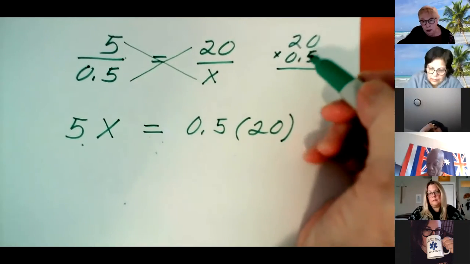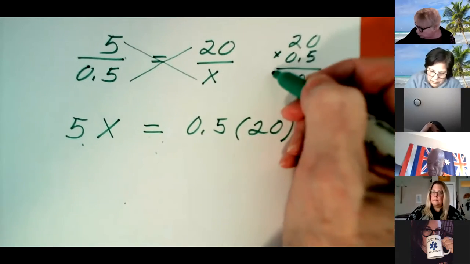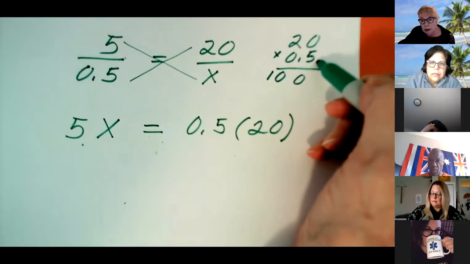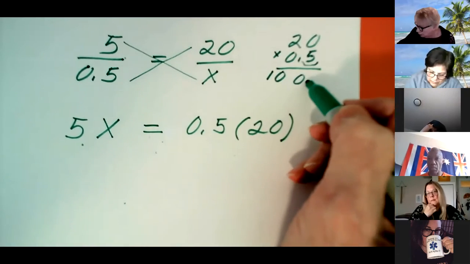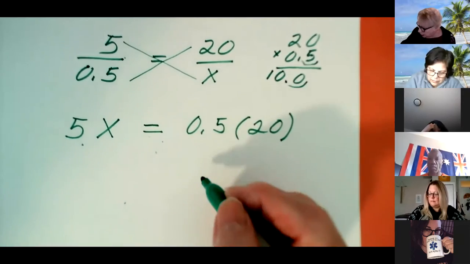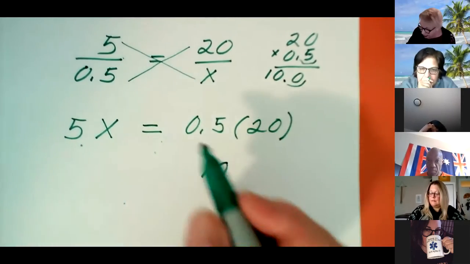So you would multiply it out. 5 times 0 is 0, and 5 times 2 is 10. But it's not 100 because there was one decimal shift. And so no matter how you slice it, I'm thinking a half of 20 is 10, to be honest with you.